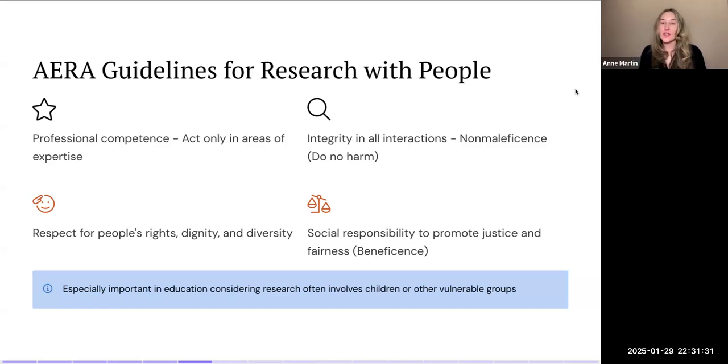There is also this idea of non-malfeasance, not doing harm, respecting people's rights, dignity, and diversity, valuing cultural diversity, and upholding social responsibility to promote justice, fairness, and benefits. Especially in education, because much educational research is conducted with children or other vulnerable groups, it's even more important to keep those principles in mind.